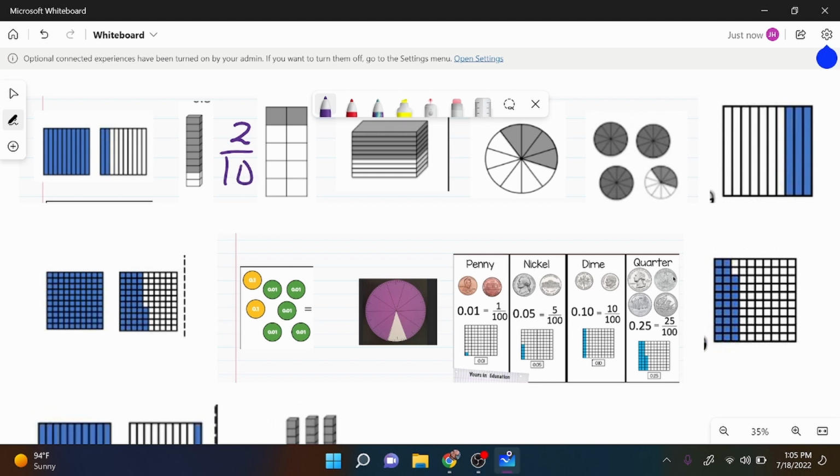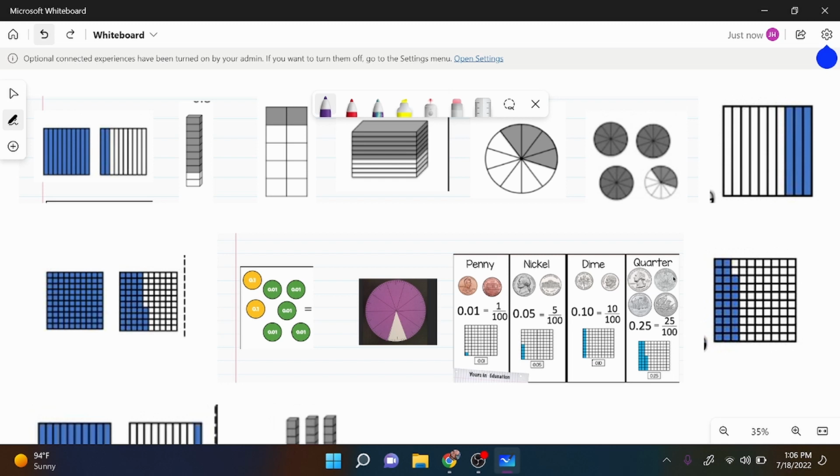So this can also be a decimal. So let's put it into our decimal house. I have no wholes because the whole thing's not shaded. I have 2 out of 10, so this is 2/10, and there's no hundredths. So this would be 0 and 2/10.